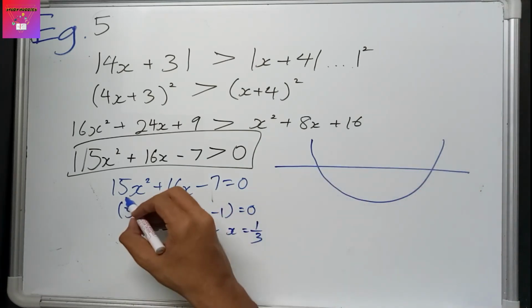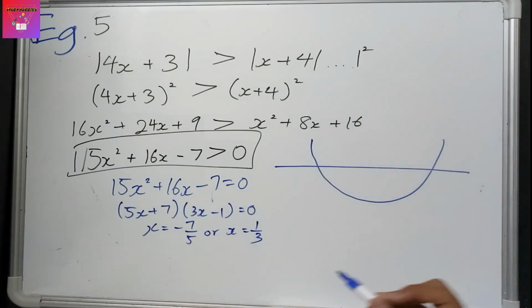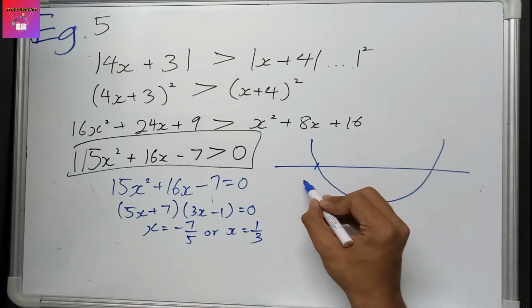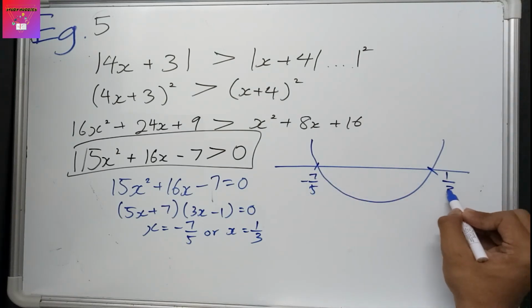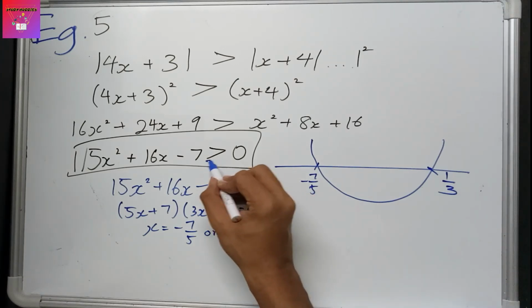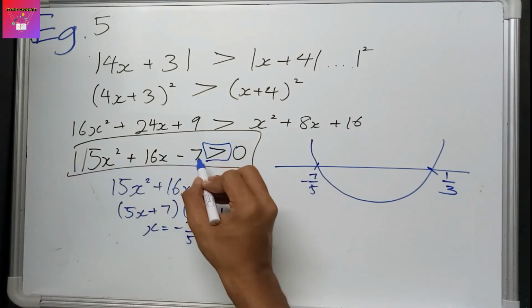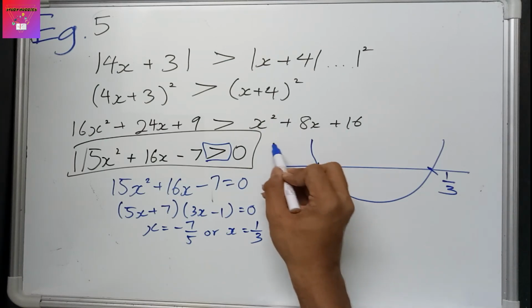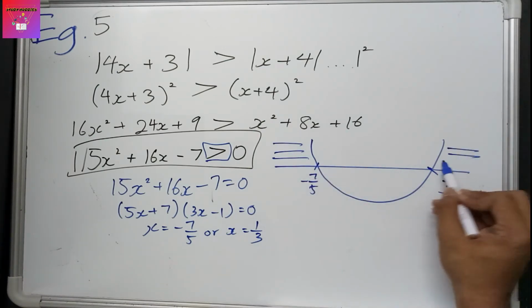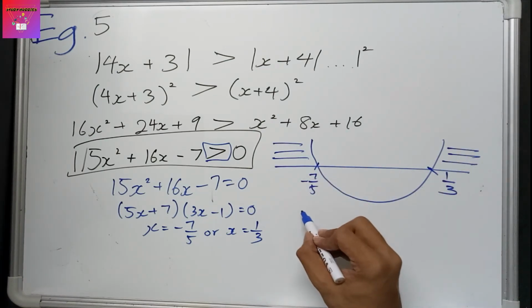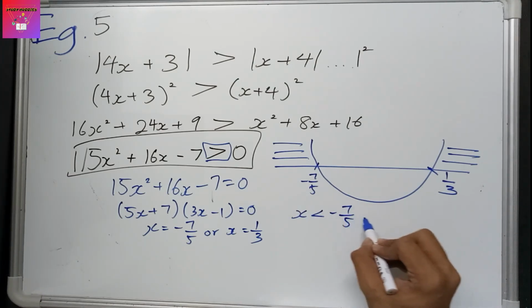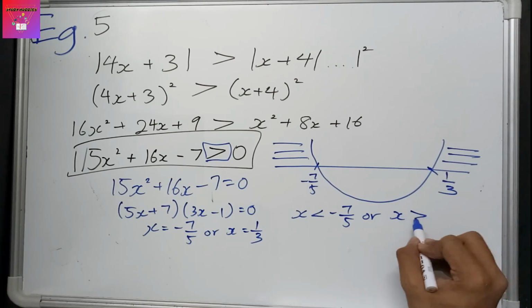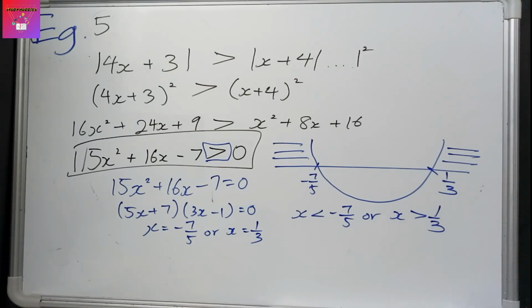So since the a is positive, the graph is smiling, and I would put 2 points, negative 7 over 5 and 1 over 3. So in this case, we can see that the equation is greater than 0. So therefore, I would be shading the parts which are positive, and therefore the answer is x is lesser than negative 7 over 5, or x is greater than 1 over 3.